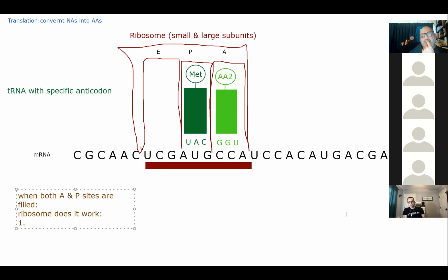It goes to the Golgi body, absolutely. And when it goes to the Golgi body, what does the Golgi body do to it? Modifies it.